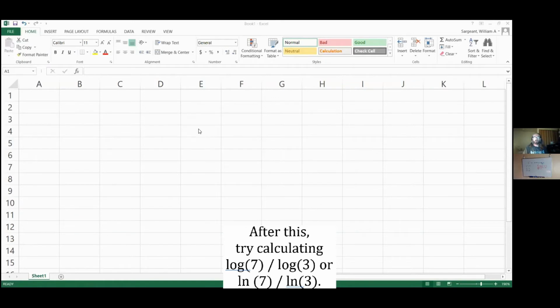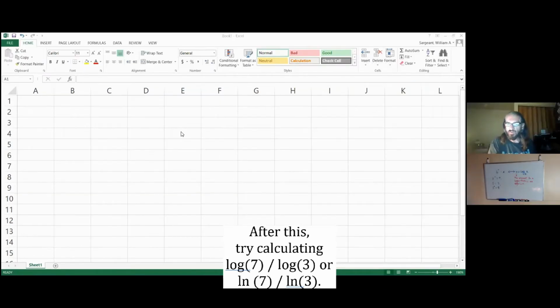So I'm going to do some guessing and checking, because again, the other method, something called the change of base formula, is information that's not available yet. Now 7 is closer to the 9, so I expect the answer to be something closer to 2 than to 1.